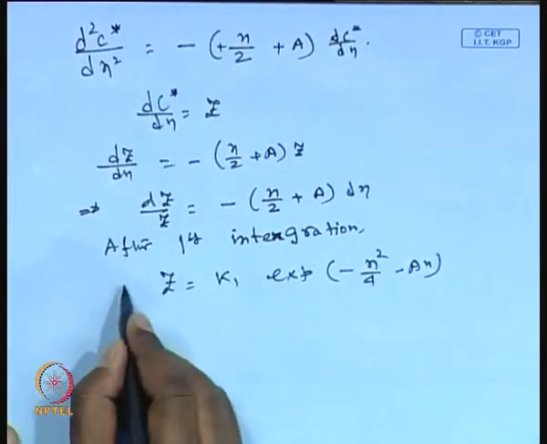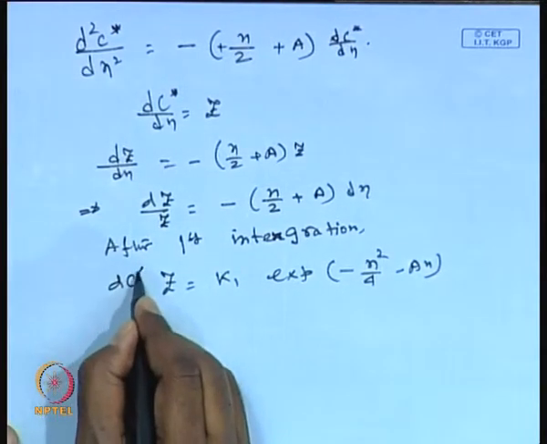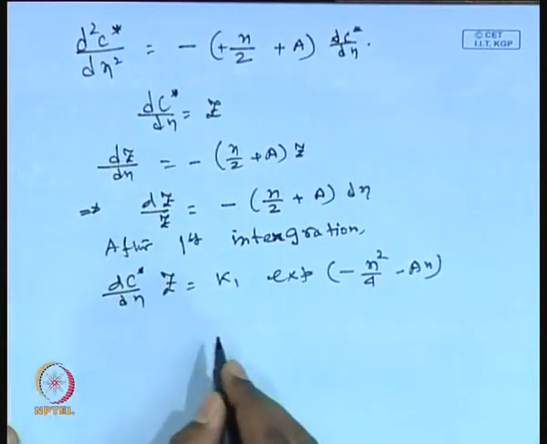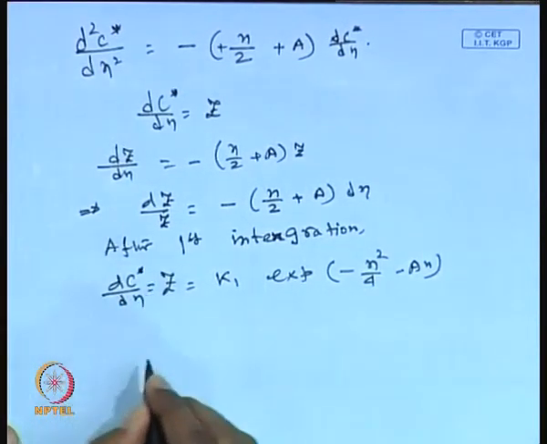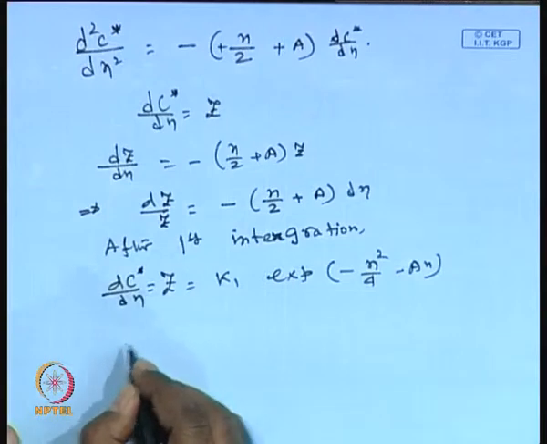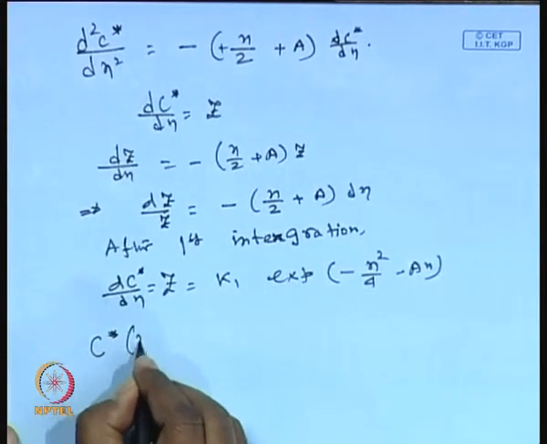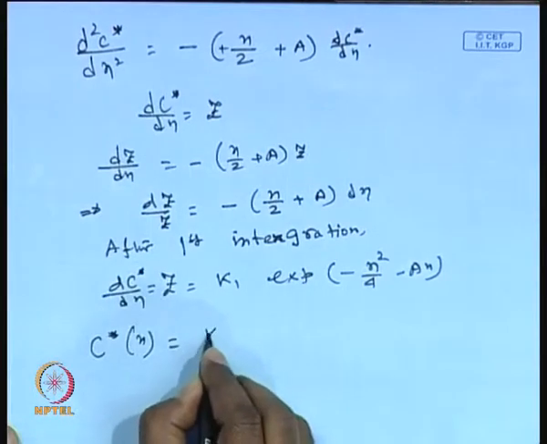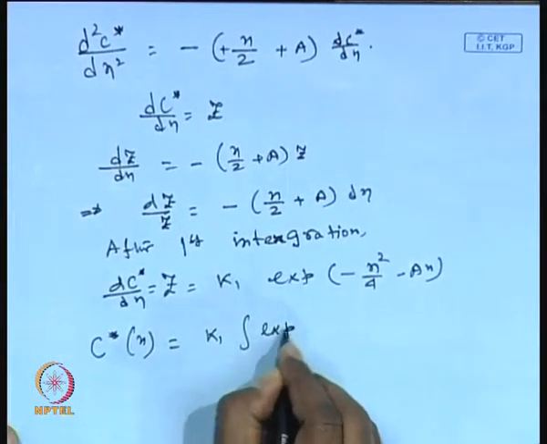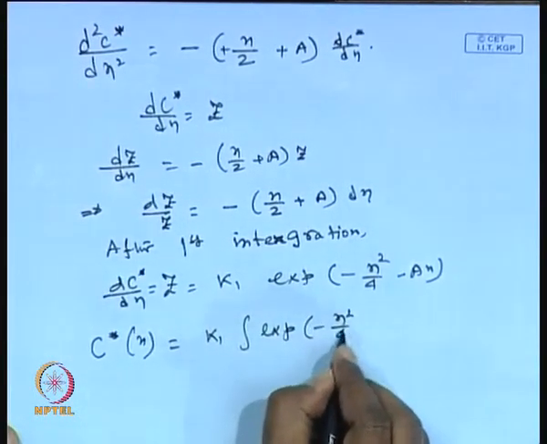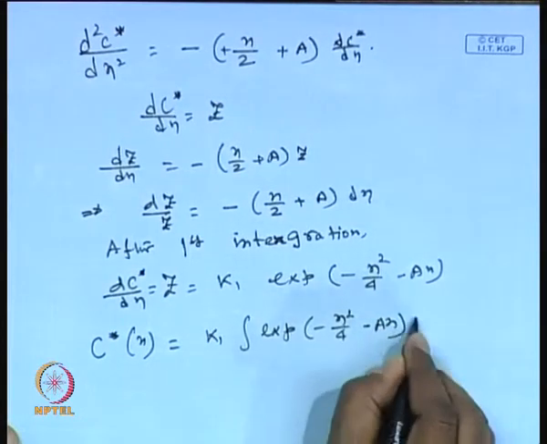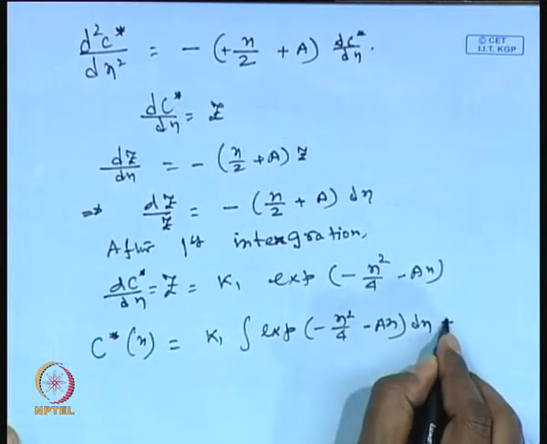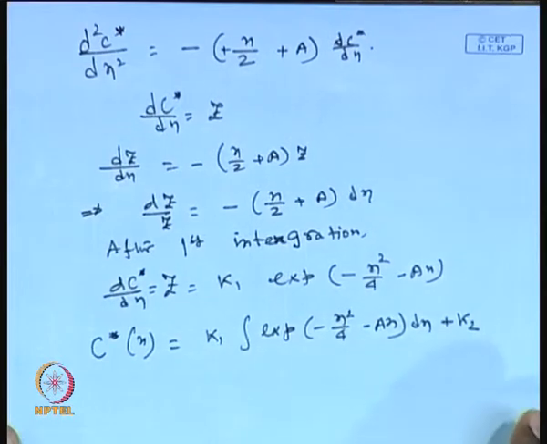What is z? Z is nothing but d c star d eta. One more integration will give you the expression of c star as a function of eta. C star will be k1 times the integral of exponential minus eta square by 4 minus A eta d eta, plus k2.